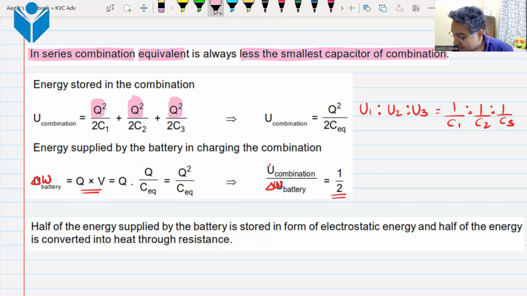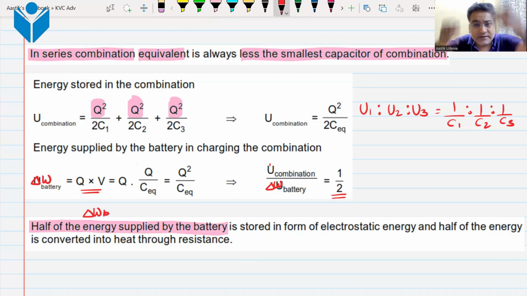Basically, what it means: you can think of it as energy supplied by the battery, or as work done by the battery. The battery is making the charges flow, the battery is doing some work in charging these capacitors.